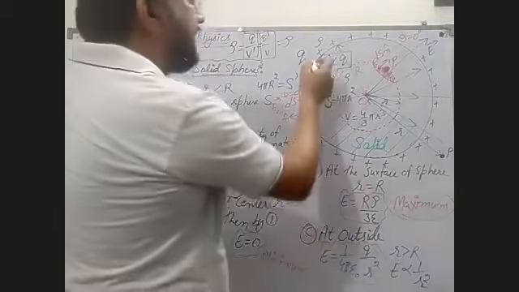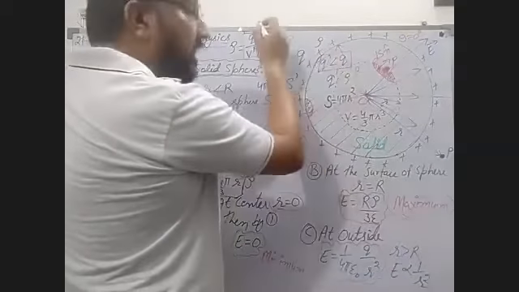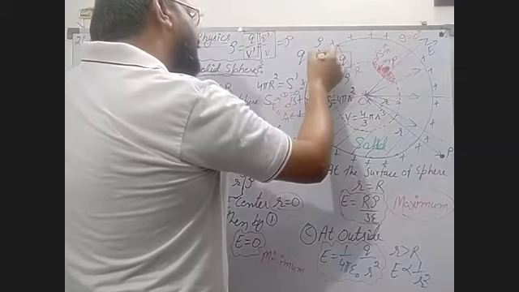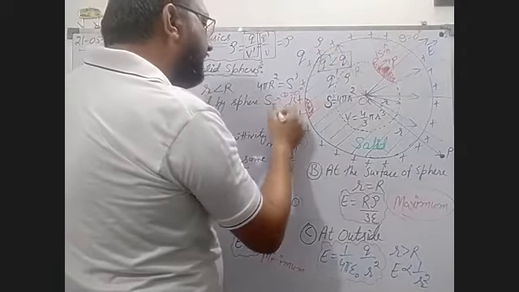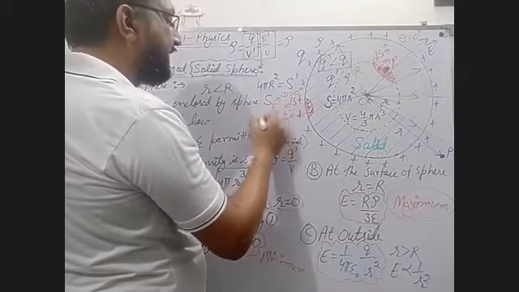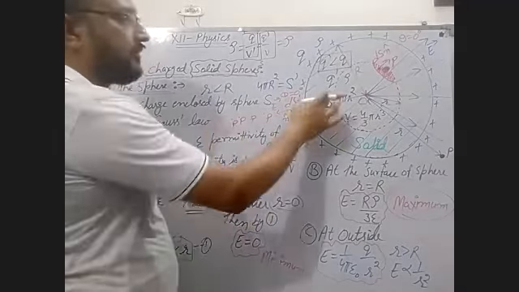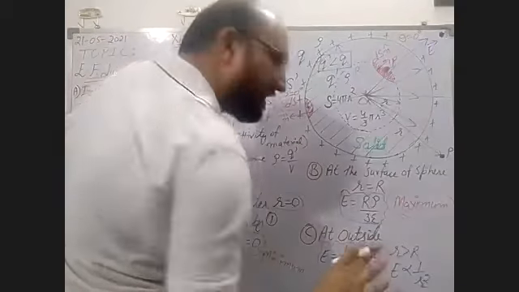But if you go far away from this sphere, from this surface, if your point P is going far away from the sphere, then your relation becomes as the previous one.